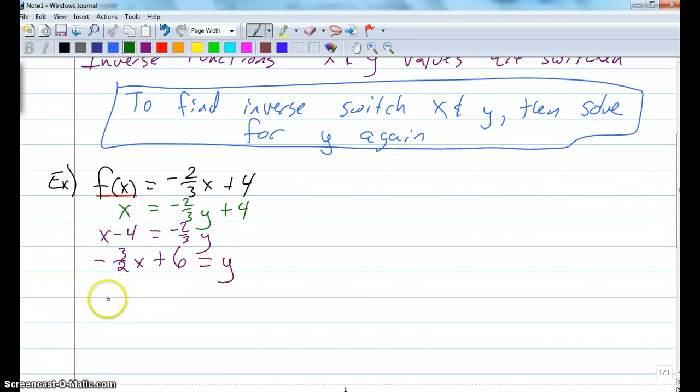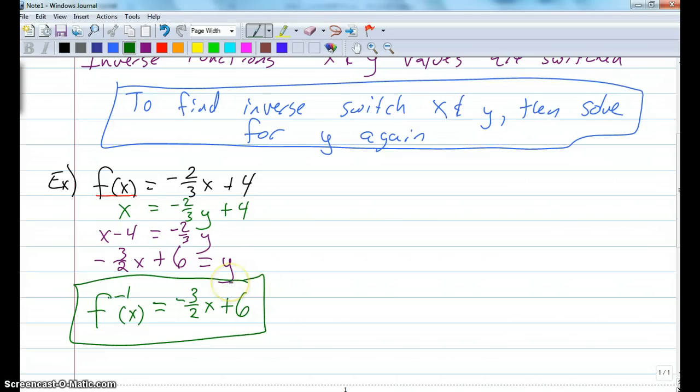So then, the inverse of f of x, we annotate the inverse as f of x, but f is to the -1 power. That means the inverse of f of x is -3/2 x plus 6. That is the inverse of f of x.